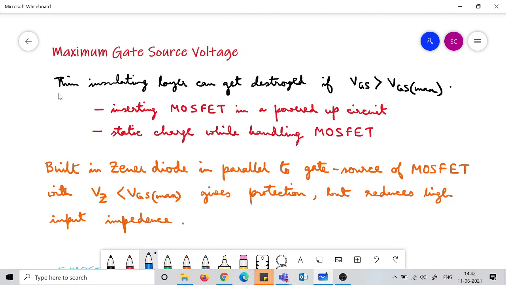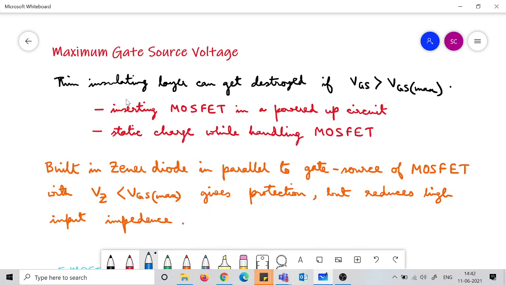there is an insulating layer at the gate, and as we all know, the insulation can only withstand a voltage or an electric field across it up to a certain extent. Beyond that, the insulation will break, and when the insulation breaks, the entire operation gets destroyed because we have a high IG current.